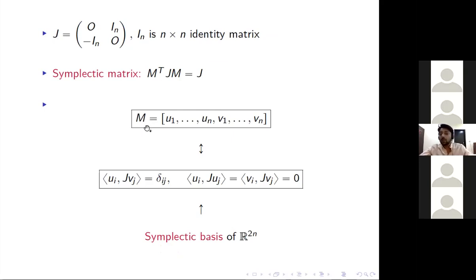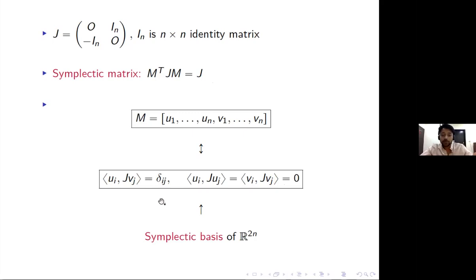So if the columns of this matrix M are given by the vectors U's and V's, then the condition M transpose J M equal to J is actually equivalent to these set of equalities for all i, j with respect to the inner product on the Euclidean space R2n.